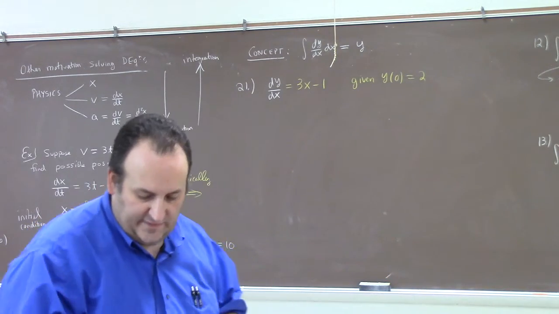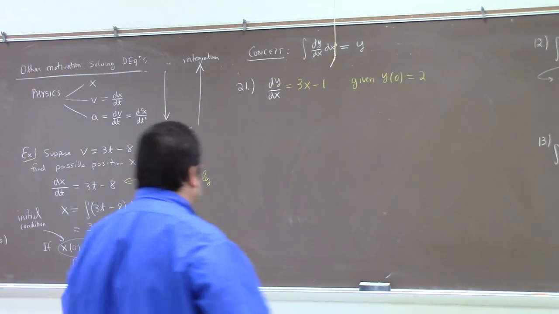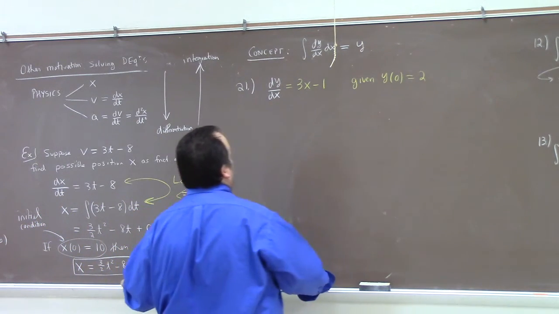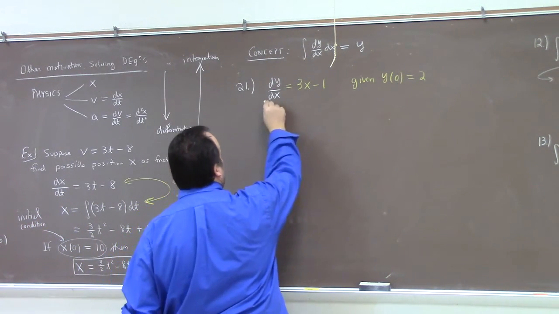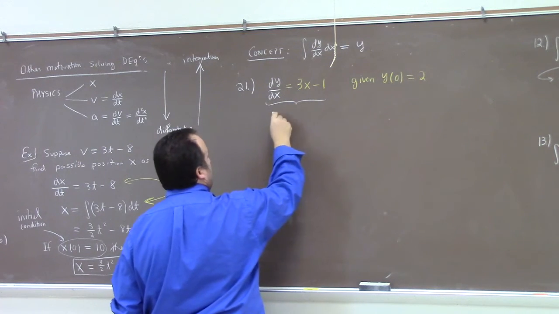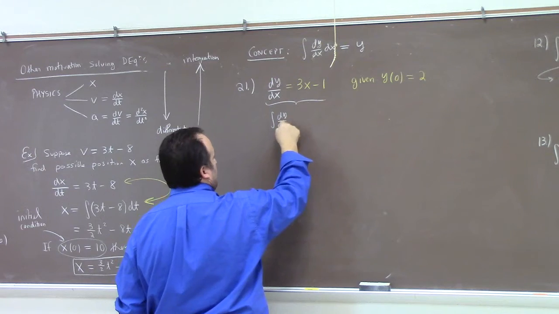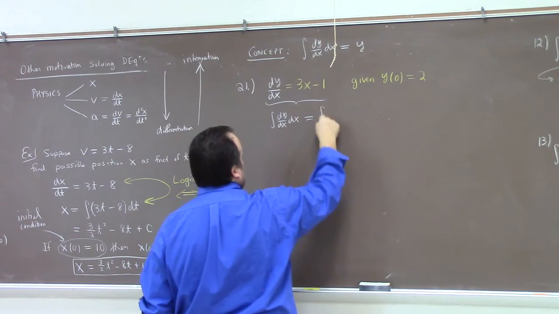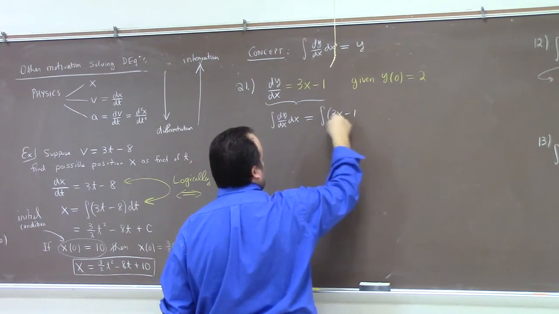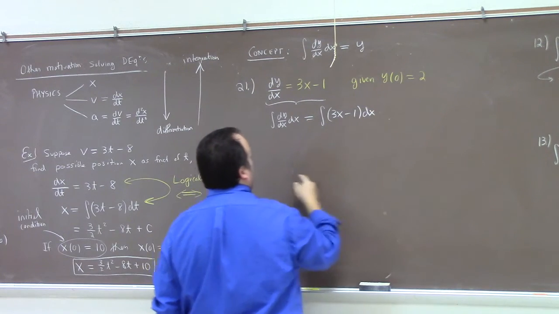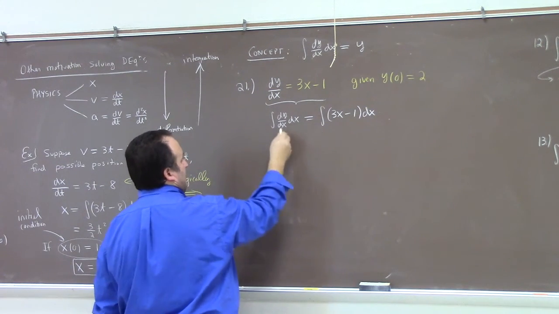We basically save that for the end of the problem. We'll implement that last. So what you can do with this sort of thing is say, aha, well, this means that the integral of dy dx is equal to the integral of 3x minus 1 dx, yeah? But this is just y again.